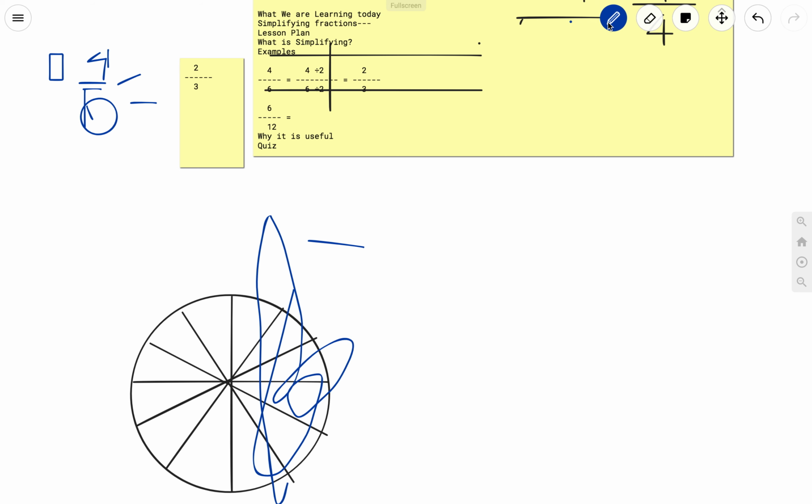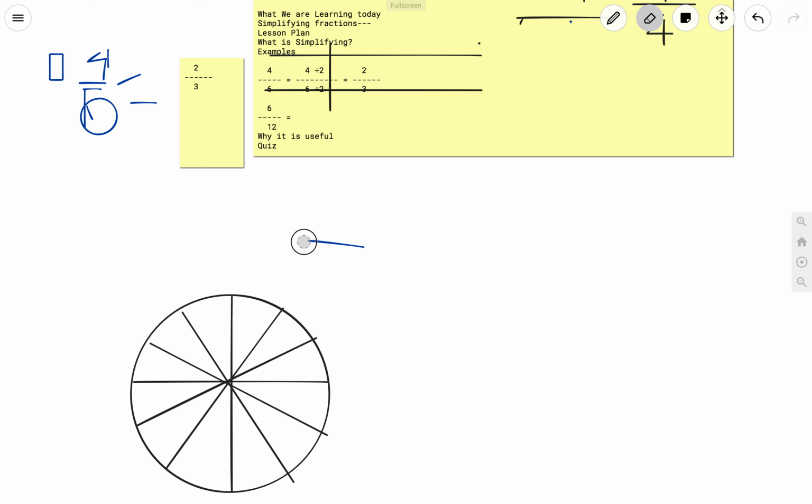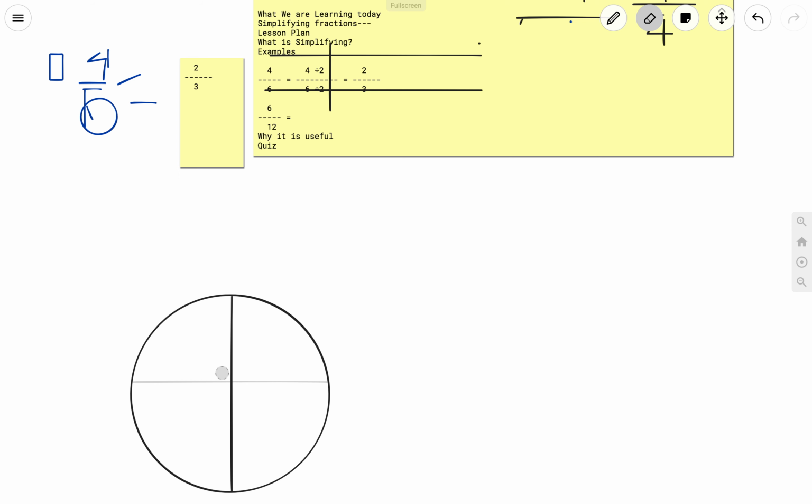So, how can we explain this mathematically? Let's just say this pizza was divided into 2 parts. Now we know from what we've seen that 2 times 6 equals 12, and that means each of these contains 6.